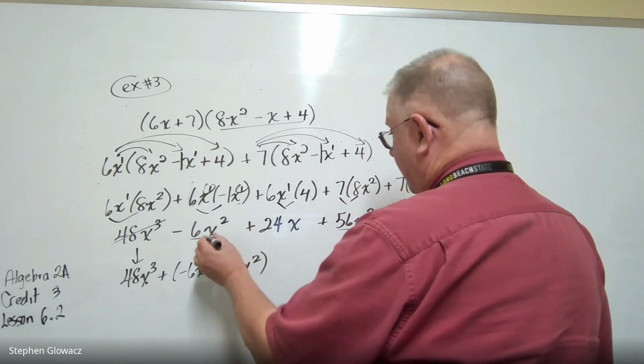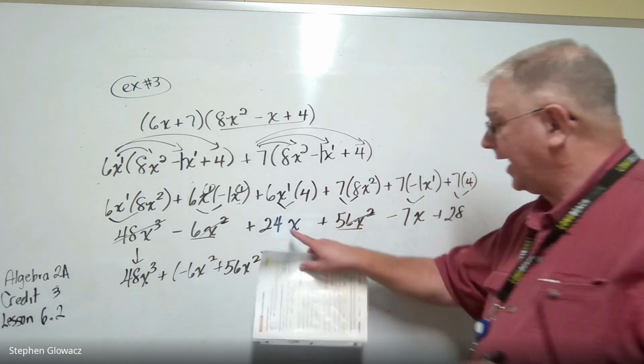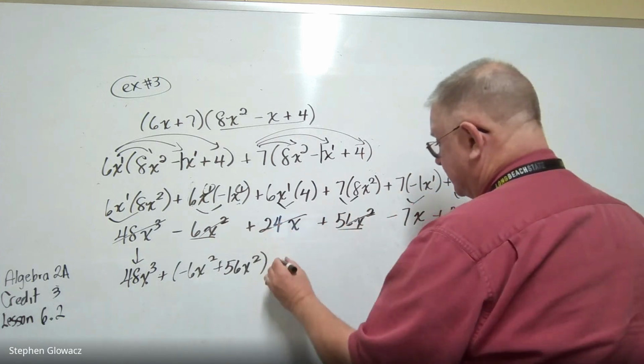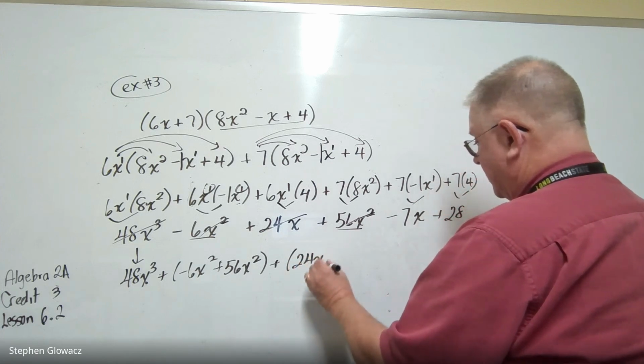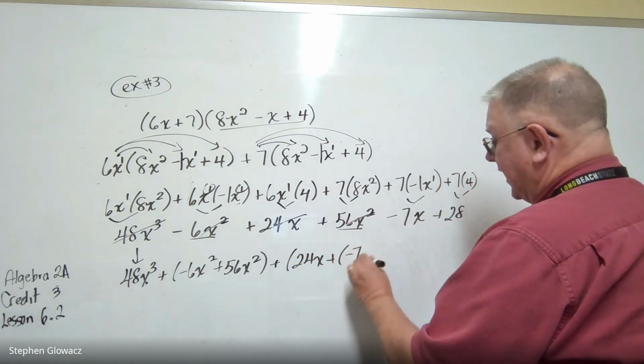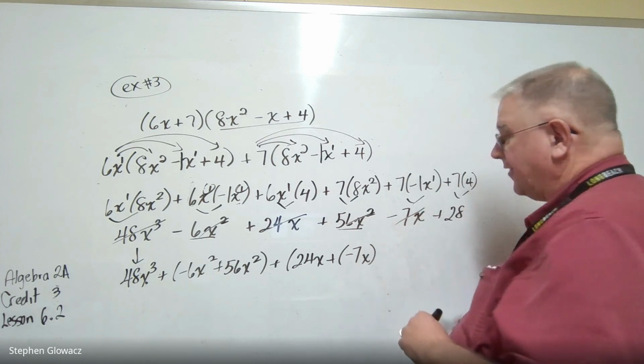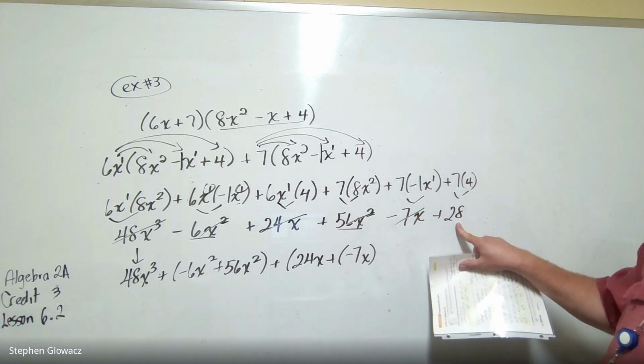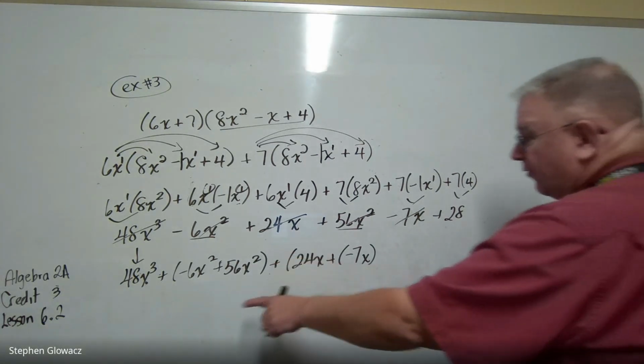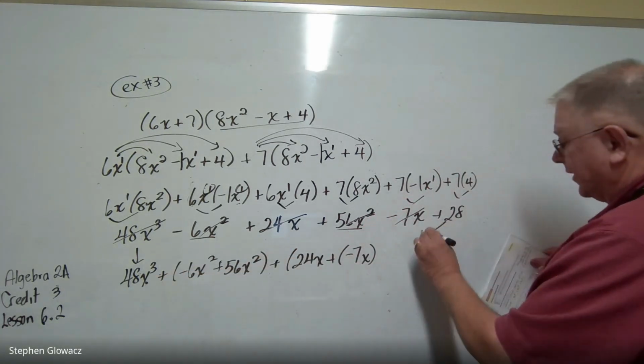So that takes care of our x squareds. Next, our x's, we have 24x plus a negative 7x. And then finally, our constant term, there's only one of them, so just like with the 48x to the third, we're just going to bring that down.